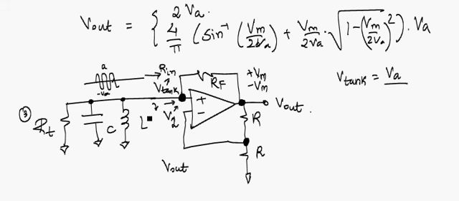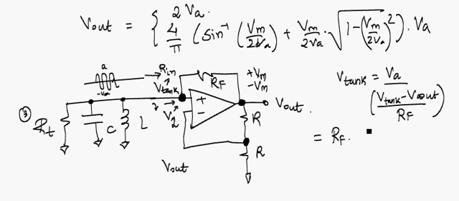So what's the current that goes in there? That current is V tank minus V out by RF. So that is equal to RF times VA by VA minus V out.